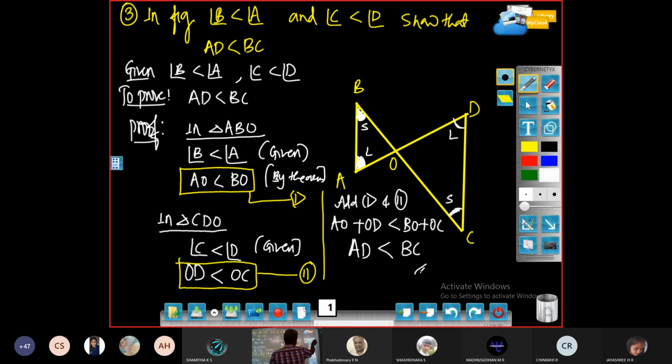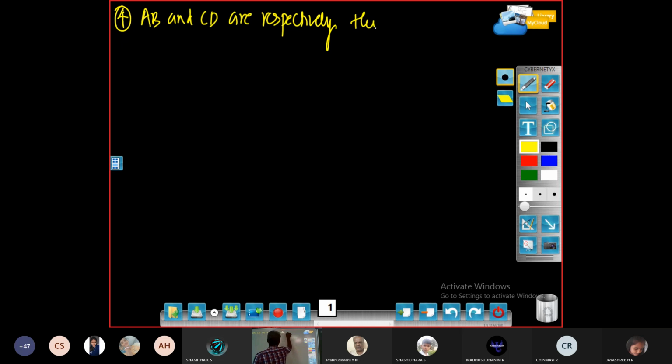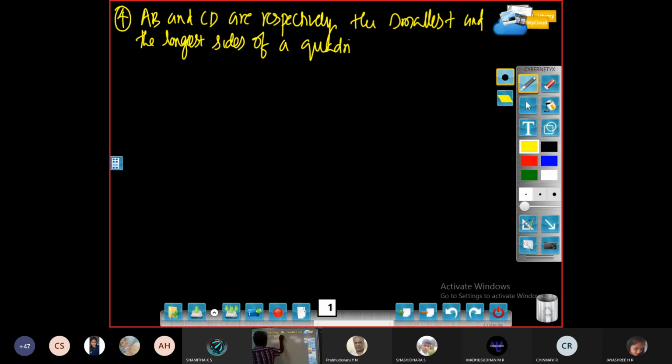Question: AB and CD are respectively the smallest and the longest sides of a quadrilateral ABCD.